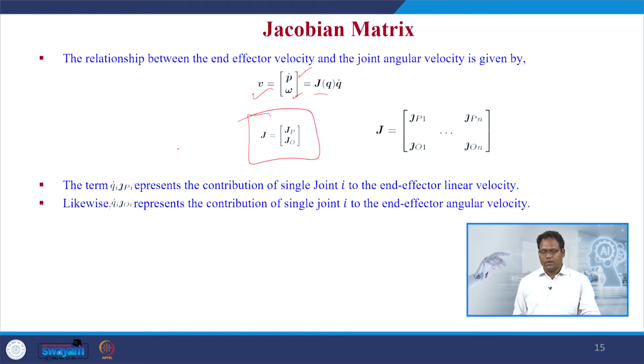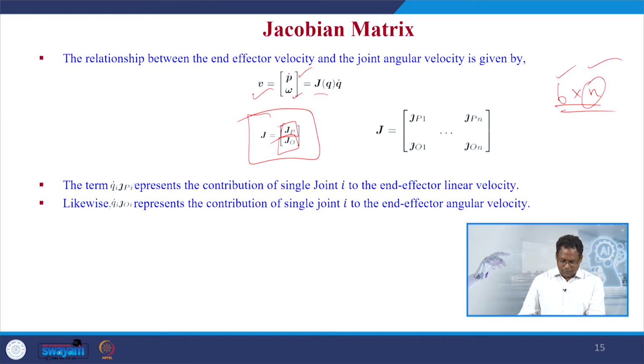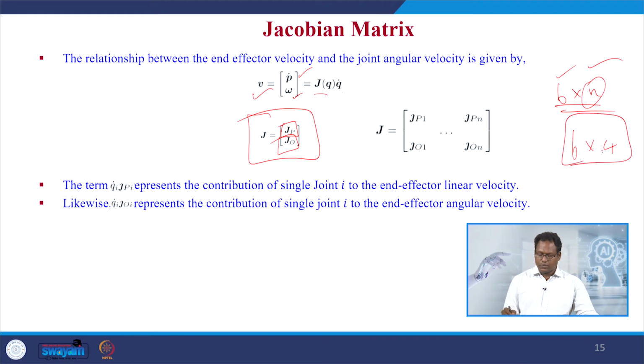One is the Jacobian matrix responsible for the position, and the other is responsible for the orientation. The Jacobian matrix is in general of size 6 cross n, where 6 stands for the rows, the 6 degrees of freedom in the Cartesian space, and n stands for the columns, the degrees of freedom of the robotic system. An n degrees of freedom robotic system will have a 6 cross n Jacobian. So, for a 4 degrees of freedom SCARA robot, the Jacobian matrix will be 6 cross 4.